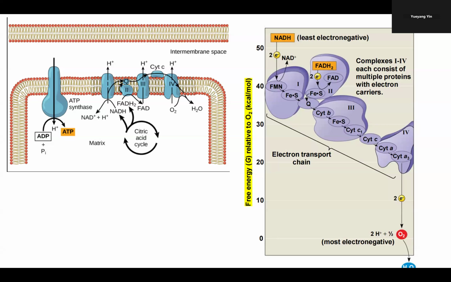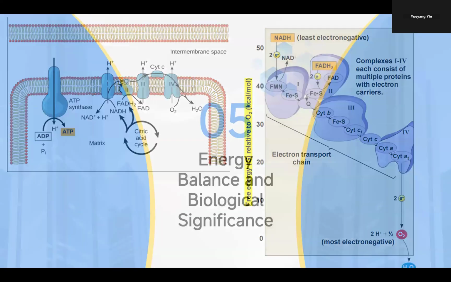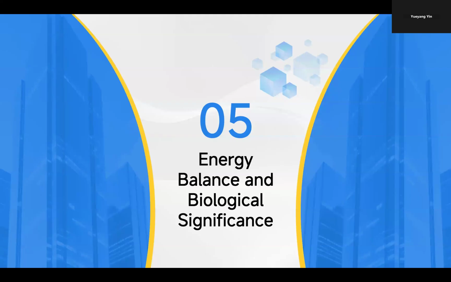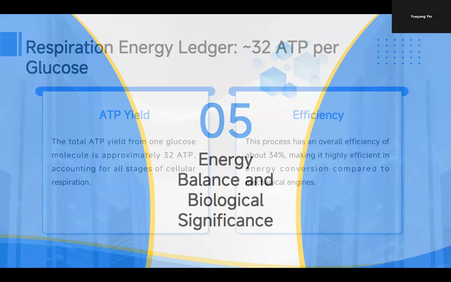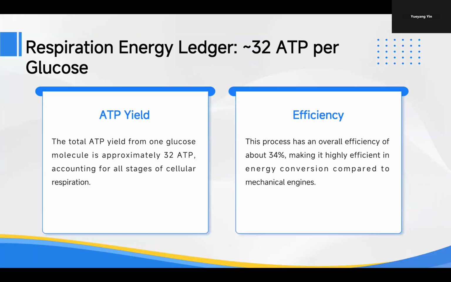Each NADH fuels the pumping that yields about 2.5 ATP, and each FADH2 about 1.5 ATP. So, energy balance. Let's do the accounting here. Adding up all the ATP from the three stages, glycolysis gives a net of 2 plus ATP from its NADH.